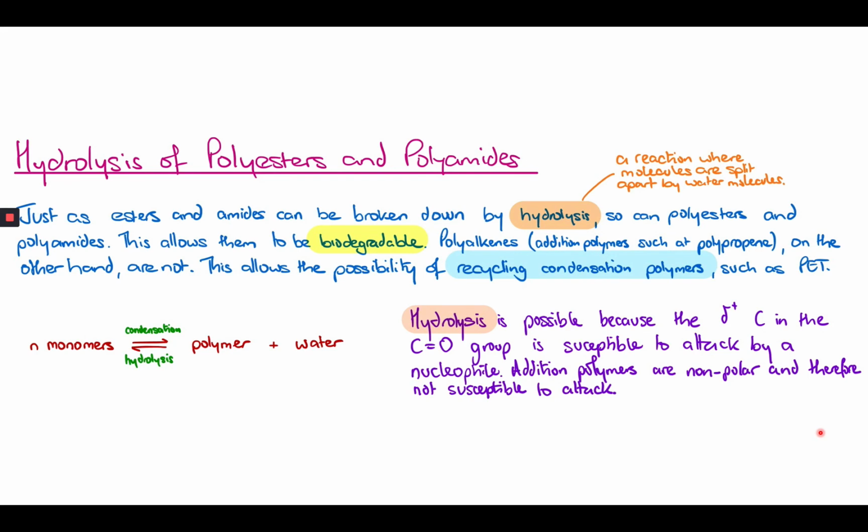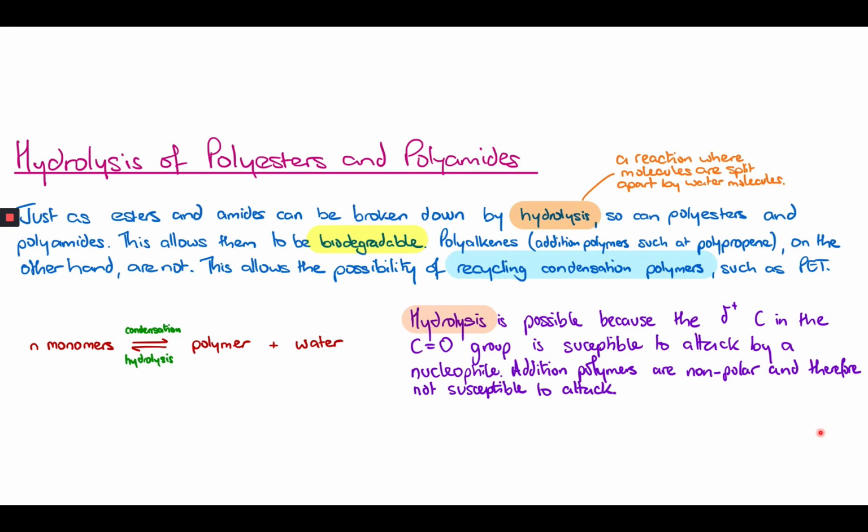Now, the reason that you can have hydrolysis with polyesters and polyamides is the fact that we have this carbonyl group, and we have a delta positive carbon. That's because that carbon is bonded to oxygen, and that oxygen is more electronegative. So we get a difference in the electron density.